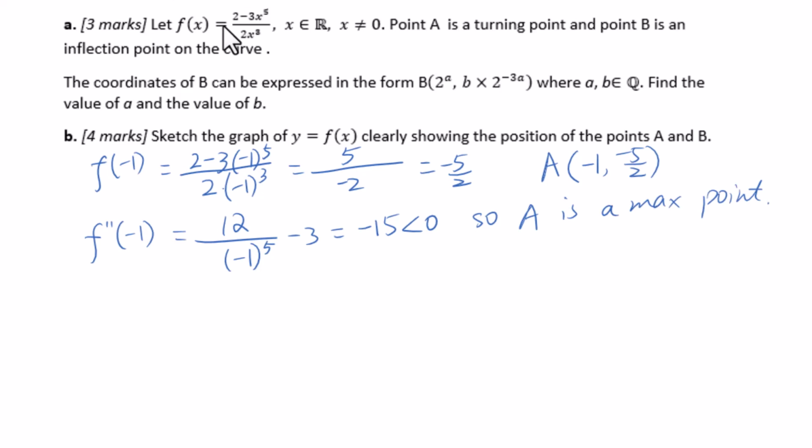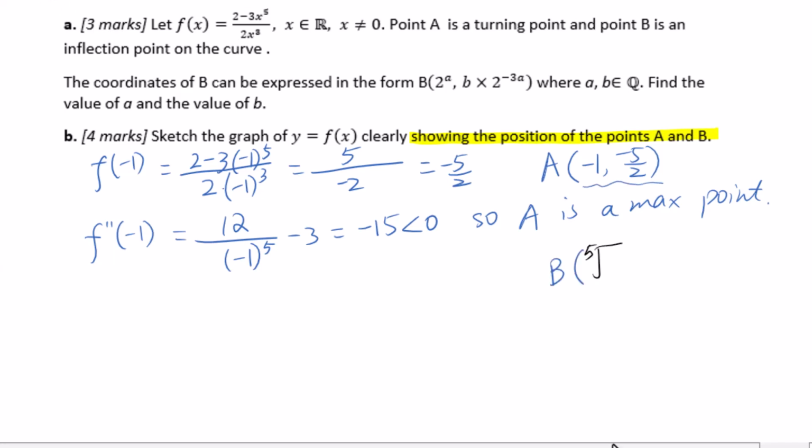We need to show the position of the points A and B. A is easy to show. B, the fifth root of 4, negative 5 times 2 to the negative 6 over fifth power.